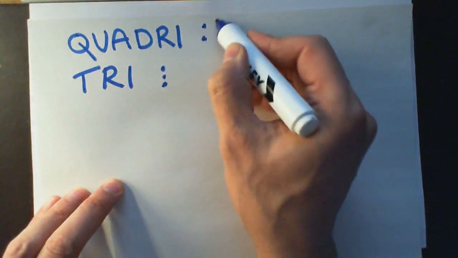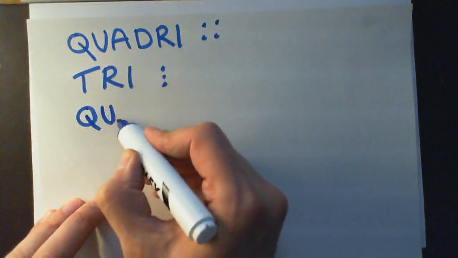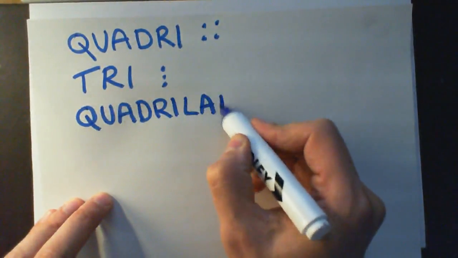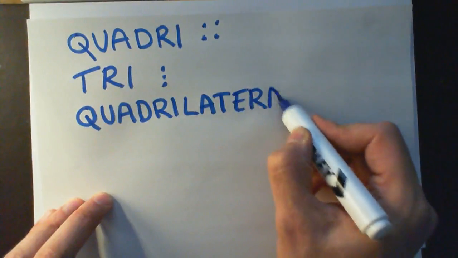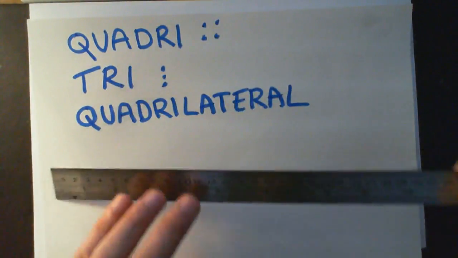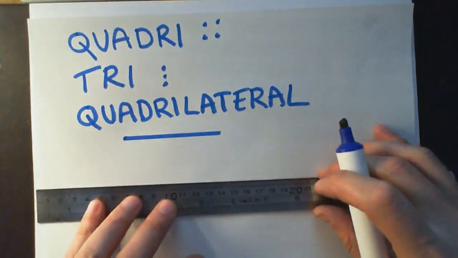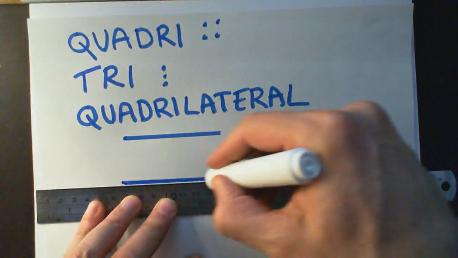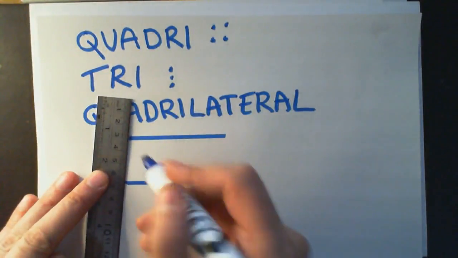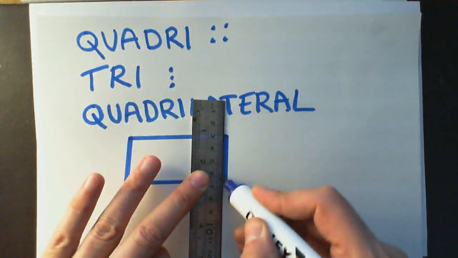Let's write down tri here, and that's with 3. Quadri is with 4. So a quadrilateral is going to have 4 sides. So let's draw one. 1, 2, 3, 4.